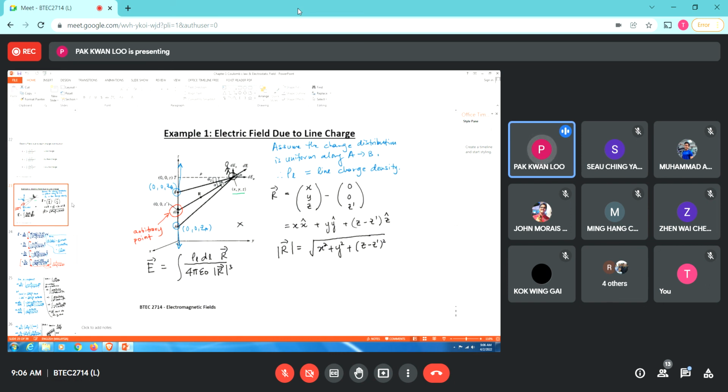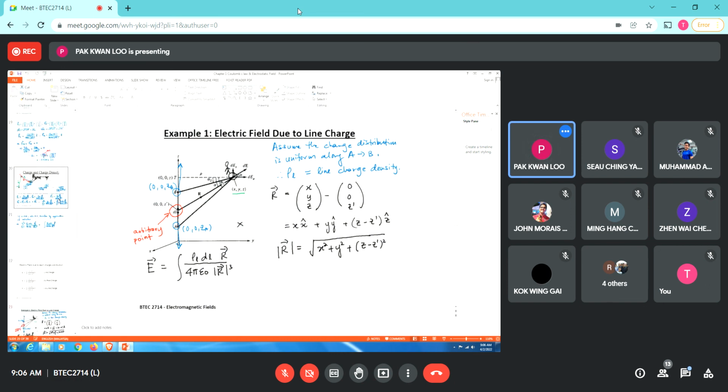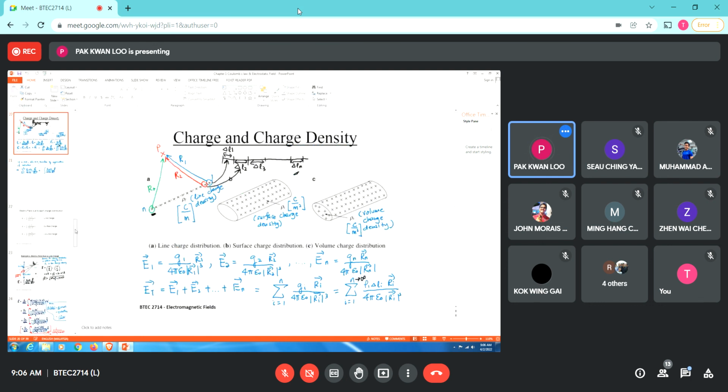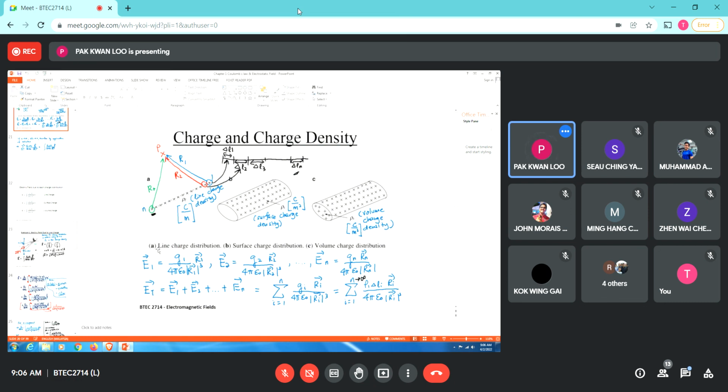So I have mentioned some of the concept here: if we have many point charges here, then each of the point charges contributes to this point P, and we need to sum all the electric fields.